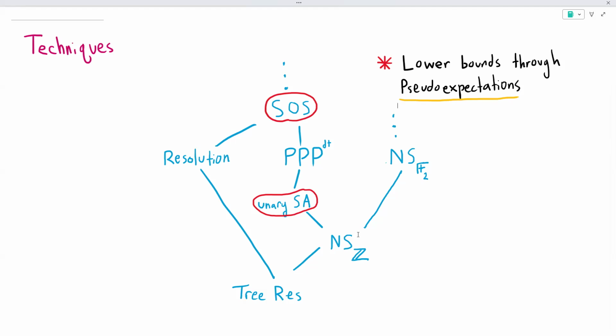And lower bounds for both of these proof systems are given through pseudo-expectations. So given that PPP is sandwiched right between these two proof systems, perhaps we can adapt the pseudo-expectation technique in order to get pigeonhole principle lower bounds.